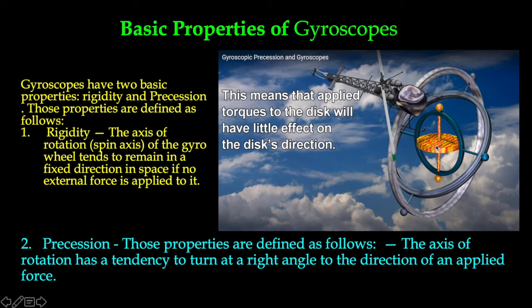So what is this? Two important properties: rigidity. Rigidity is the structural stability, so that irrespective of the motion of the flight, it will remain vertical. It will not rotate. But another thing is precession. Precession tends to move in a rightward direction when we apply a force.